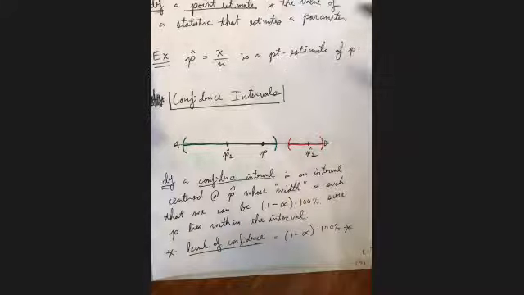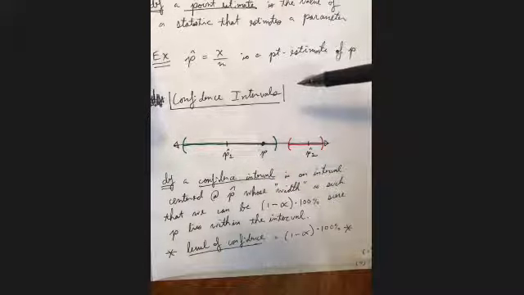So when we took samples out of the population and calculated the proportions from those samples, we found that those point estimates, those various proportions that we calculated for each given sample, danced around the actual population proportion value.